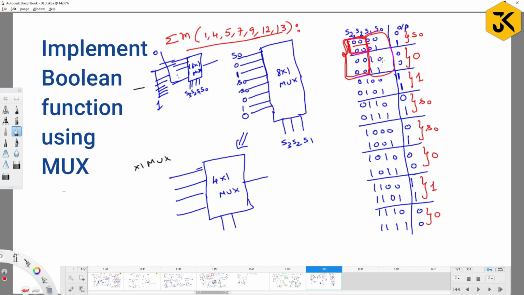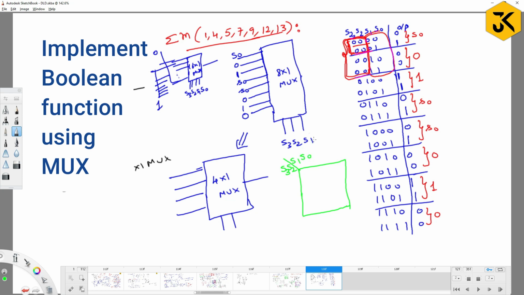So if you want to identify this, you can make some kind of circuit. For example, if I take all the things, we are going to have actually a 16 variable map, S3, S2, S1, S0.